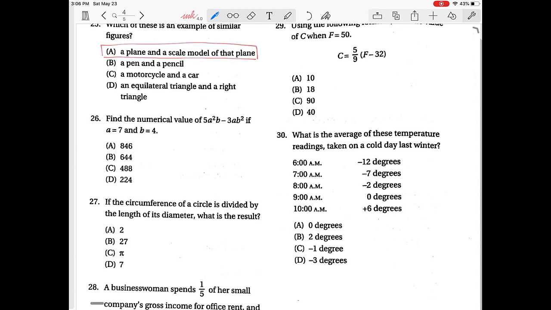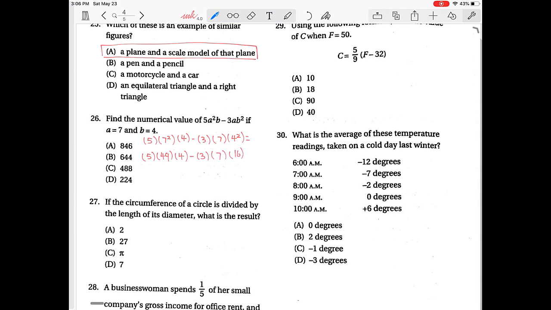We're just going to write this out. So 5 times 7 squared times 4 minus 3 times 7 times 4 squared. And this is equal to 5 times 49 times 4 minus 3 times 7 times 16.